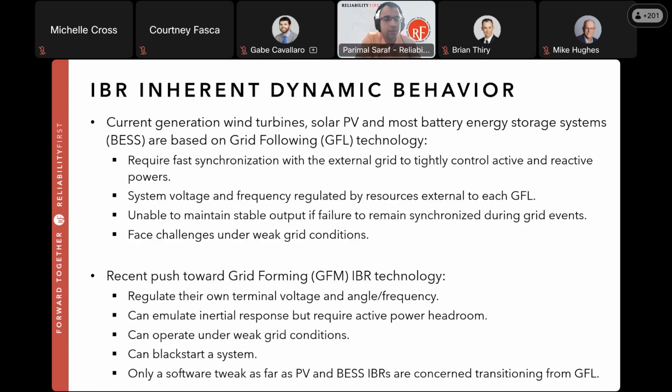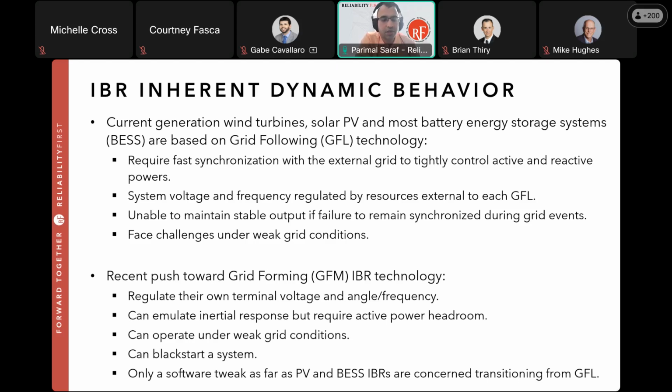Now, recently, there has been a push towards a new technology termed grid forming IBR technology. Unlike grid following, they don't need a synchronization strategy to synchronize to the grid. They can regulate their own terminal voltage and frequency. They can emulate inertial response similar to conventional machines, but they require some active power headroom to do so.